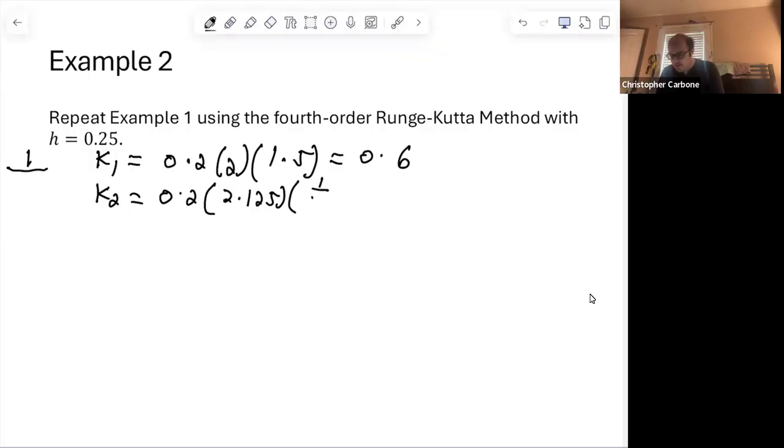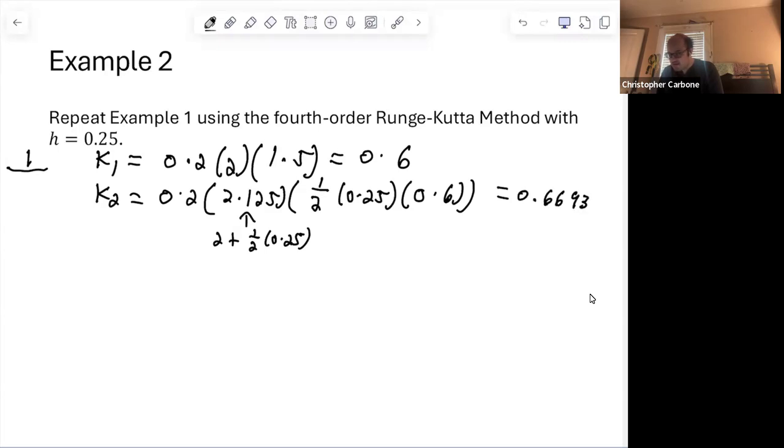Actually I should probably write that out, 1/2 times 0.25 times 0.6. Just to point out where this came from, 2 plus 1/2 of 0.25. Just to make note where these are coming from. This makes 0.669375.